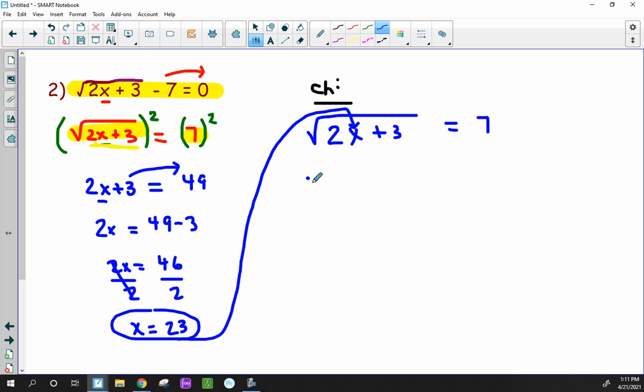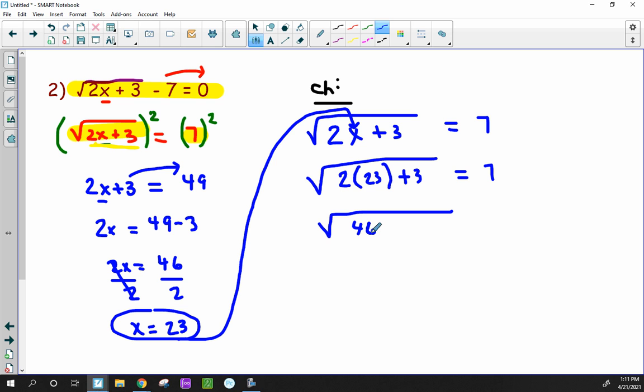So let's work on the left side. For the check, let's do 2 times 23, and then plus 3, and then equals 7. And so 2 times 23 is 46. 46 plus 3.